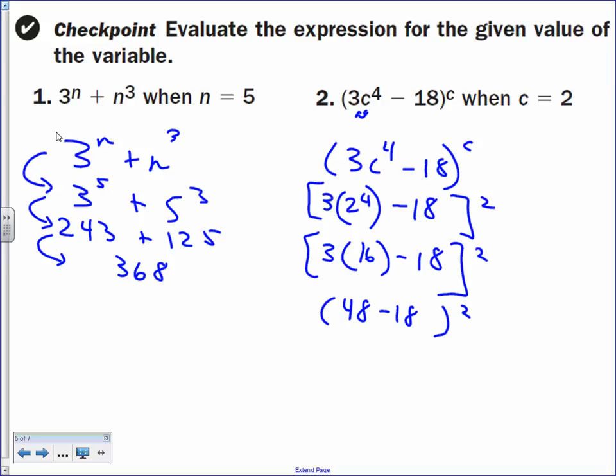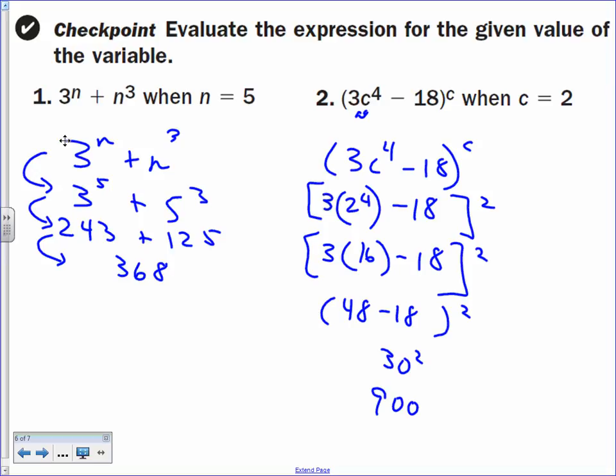I didn't really have to add some parentheses, did I? Very good. If you got something other than 900, you got your order messed up somewhere. Everybody good? Any questions? Pretty easy, isn't it?